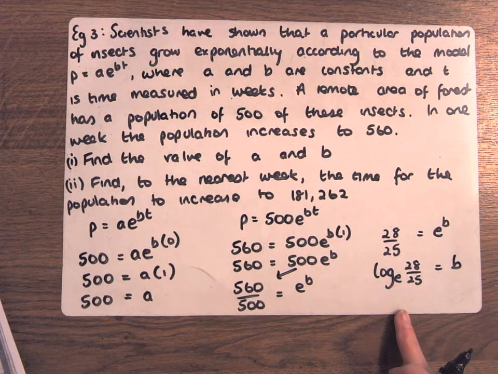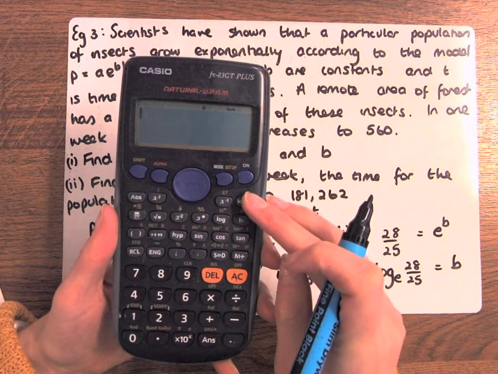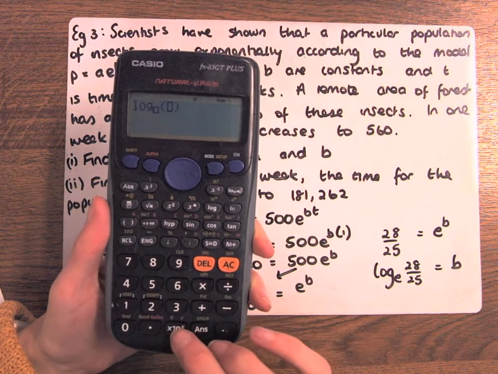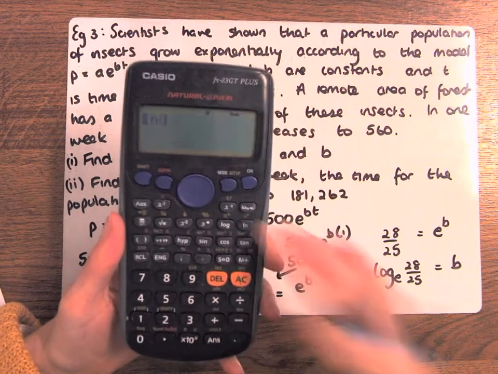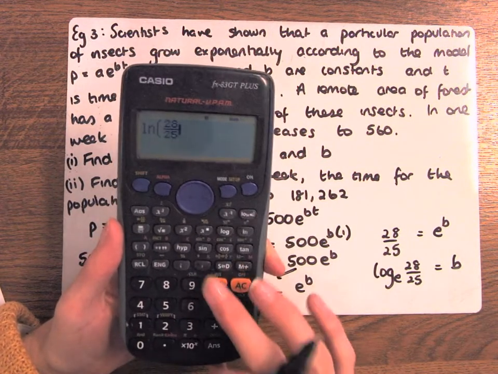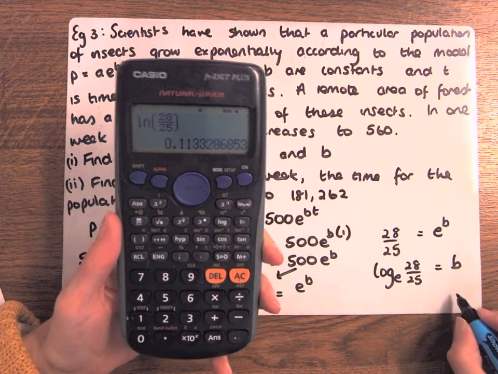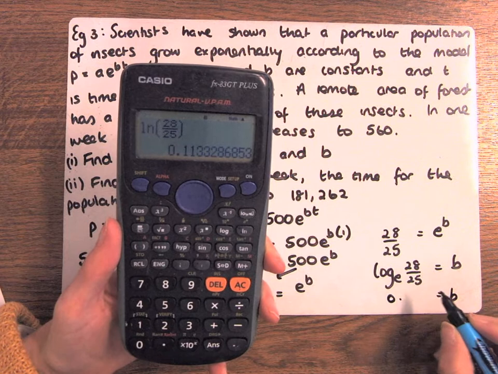Log to the base e is another way of saying ln. On your calculator you have an ln, or you could use log and look for e, but I'm just going to use ln because I know that's log to the base e. ln of 28 over 25, and I get b is 0.11.